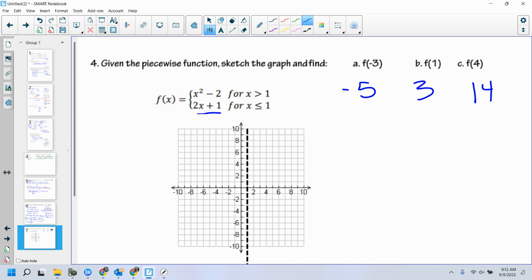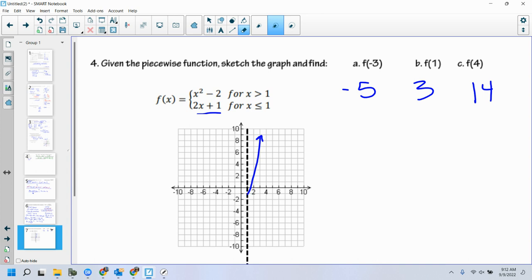Now, this might be hard to visualize, so maybe break the boundary and then erase away what you don't need. Like, for example, isn't this just a shift of the quadratic down 2 units? So if I ignored the boundary, it should look like this, right? And I really don't care what's going to happen on the left side. But this is only going to happen for x greater than 1.